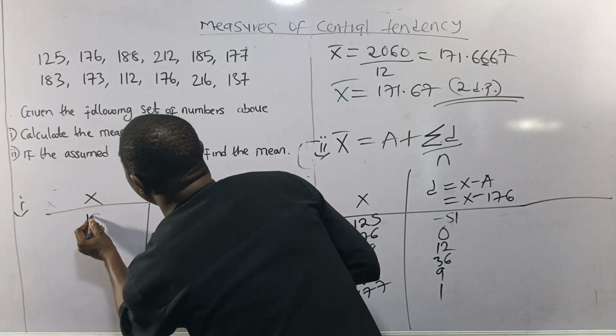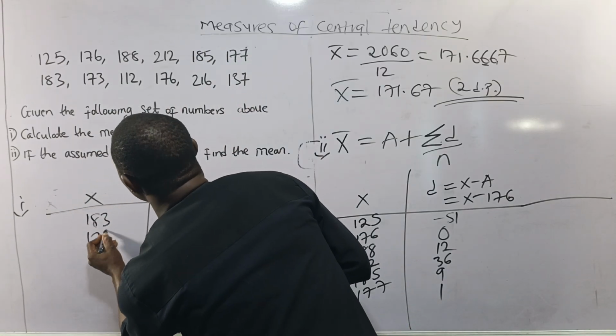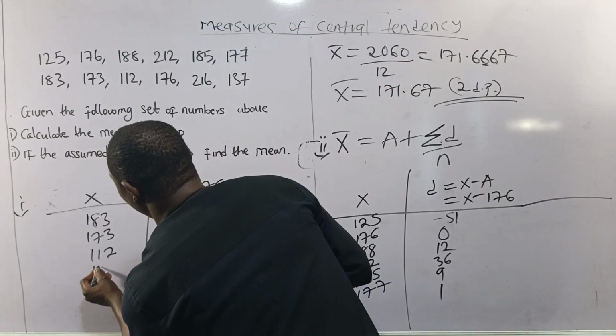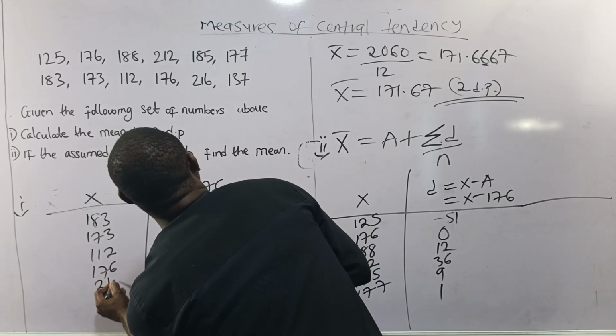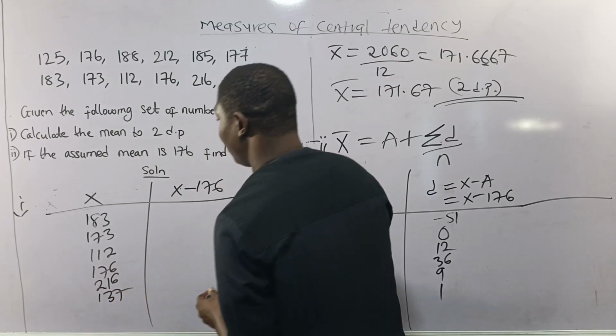Take notes. So I have 183, 173, 112, 176, 216, and 137.